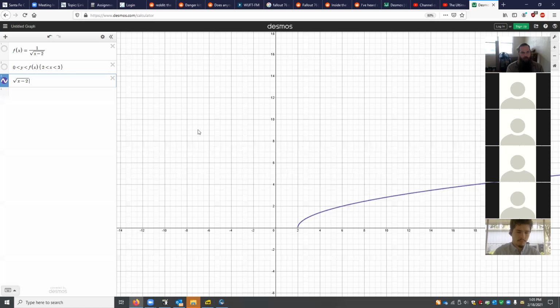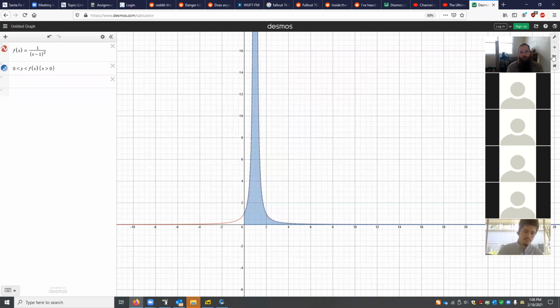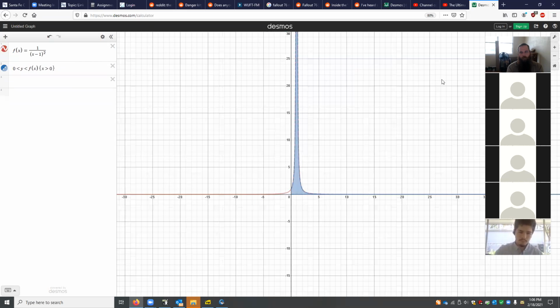So let me come over to Desmos again and see if we can take a closer look here. And then we want to go from 0. All right. So here's my function. All right, here's this region in question.